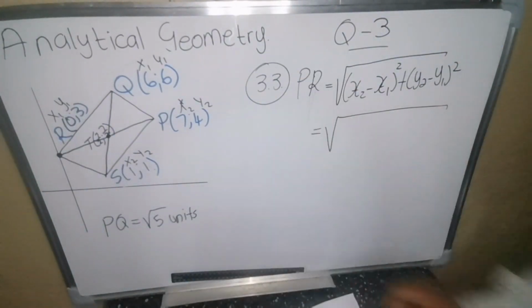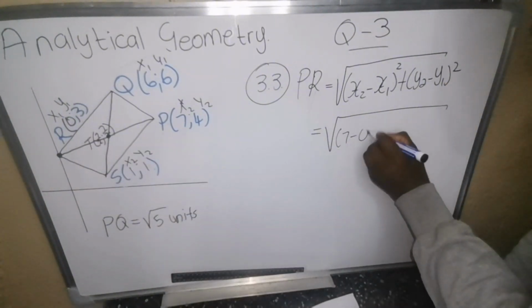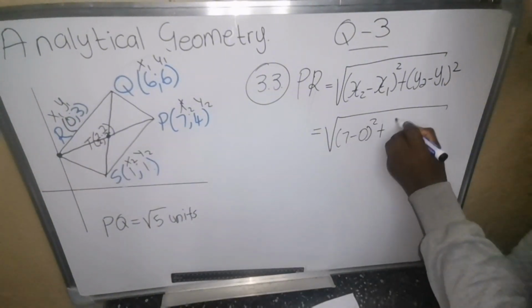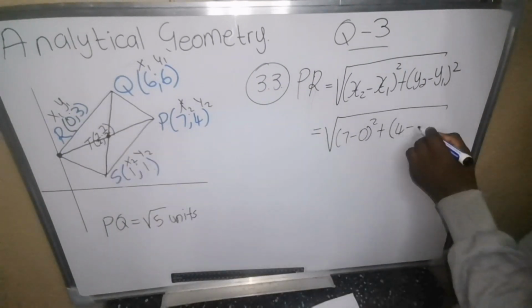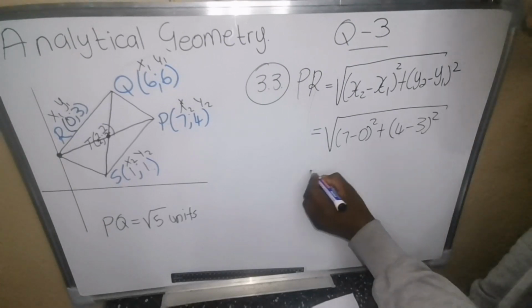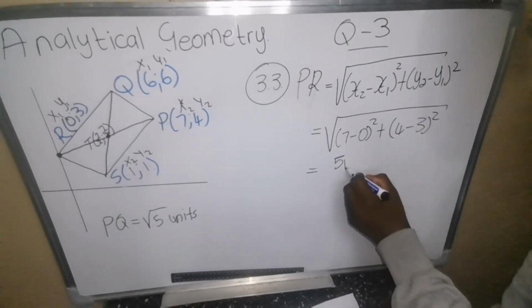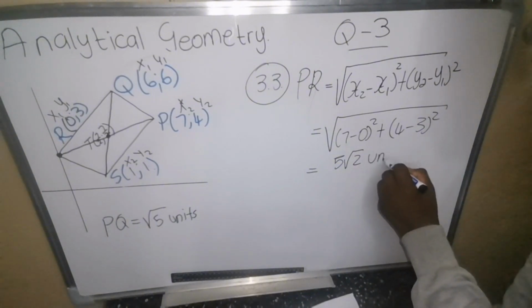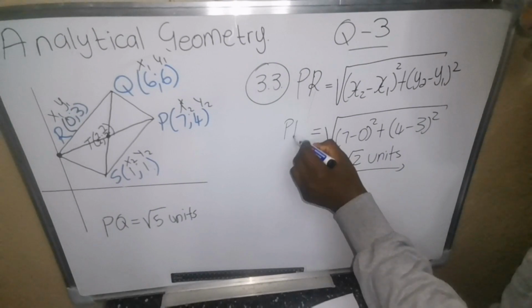So x2 is 7, 7 minus x1 which is 0, squared, plus y2 which is 4 minus y1 which is 3. Put this on the calculator: 5 square root of 2. This is the length of PR.